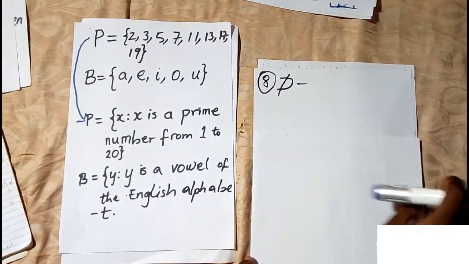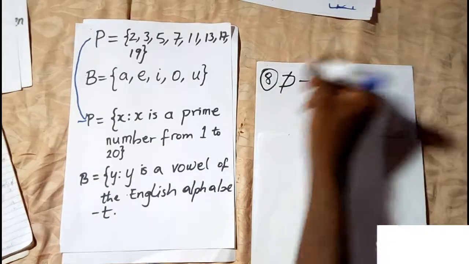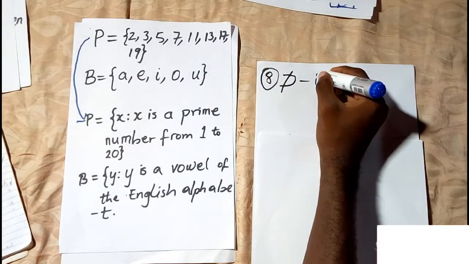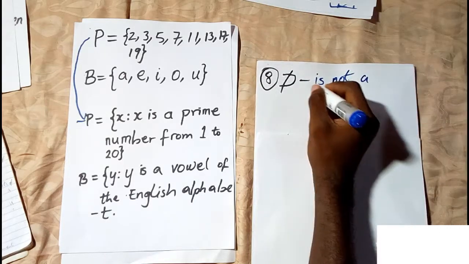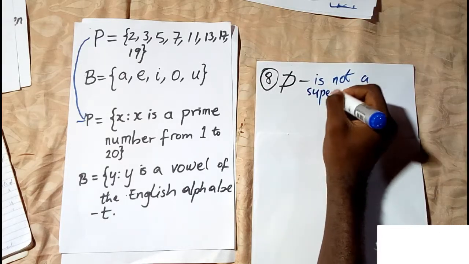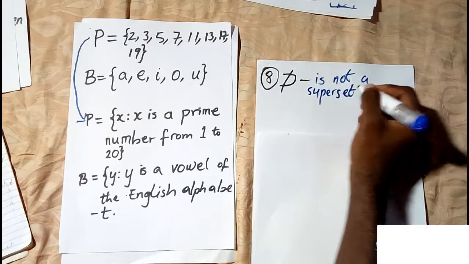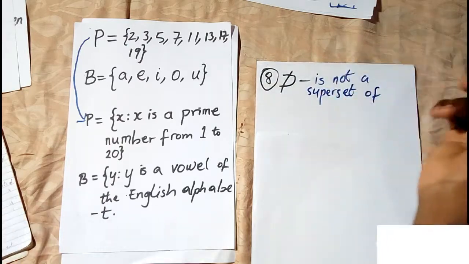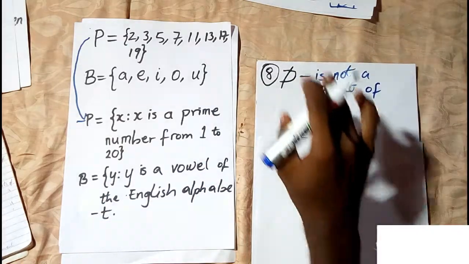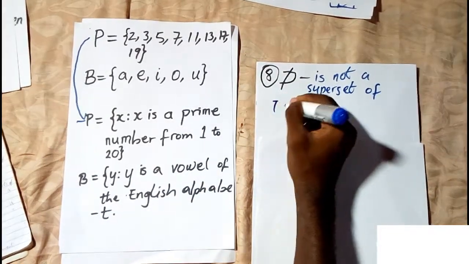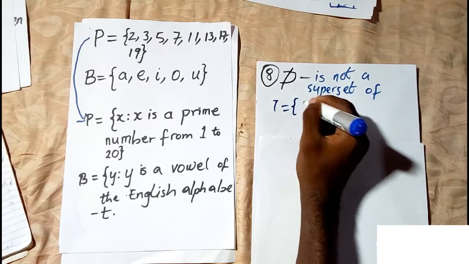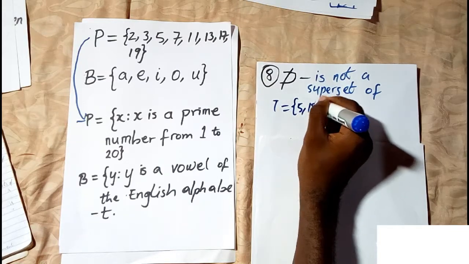So for superset we have this symbol, read as is not a superset of. We had that T is equal to a set of 5 comma 18.